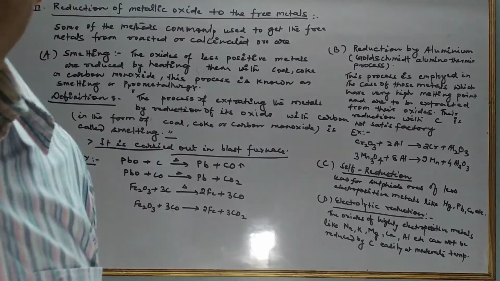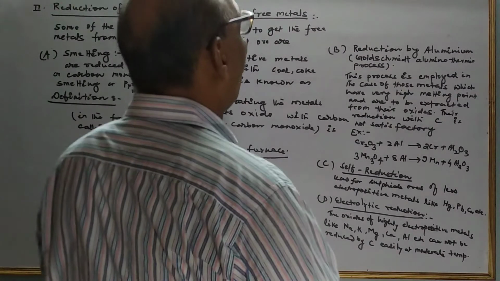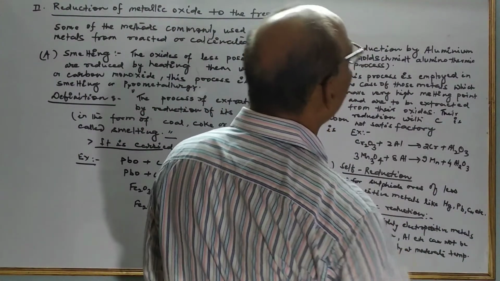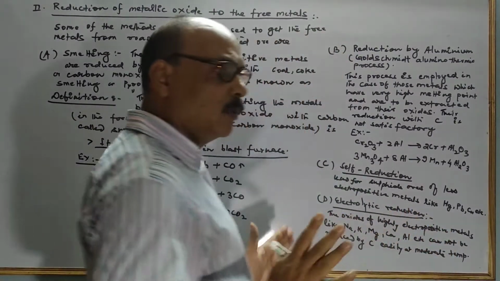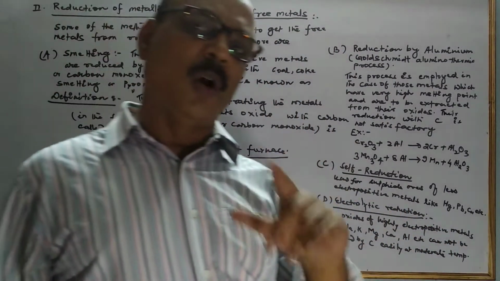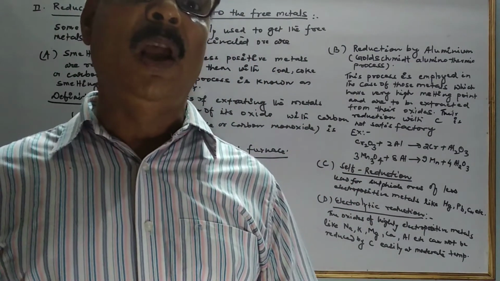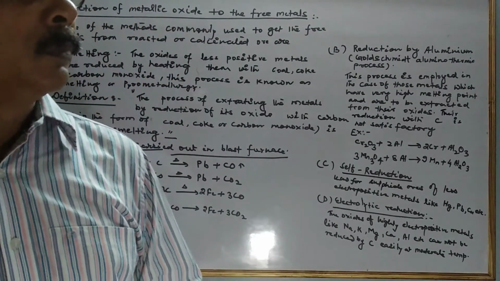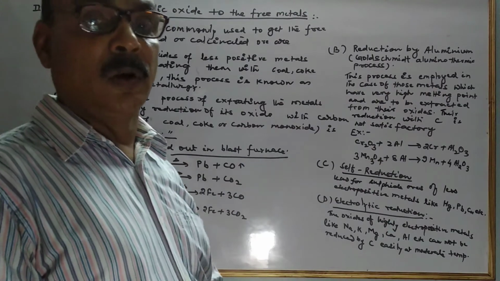So after the reduction, the next metallurgical operation is refining or purification of crude metals. There are 4 steps involved. First one, you can recall easily, is the grinding or crushing of ore, also called pulverization.